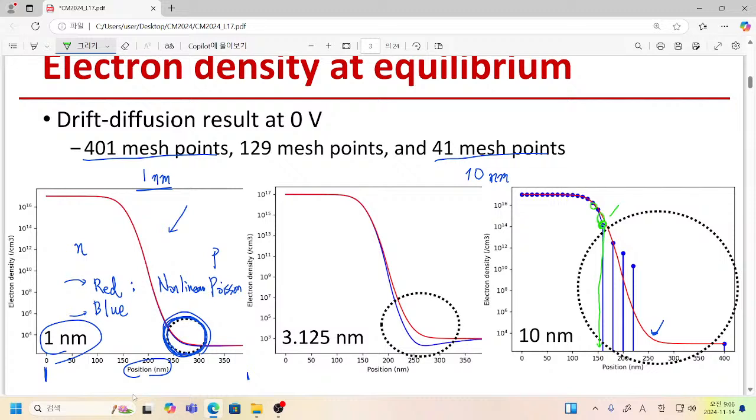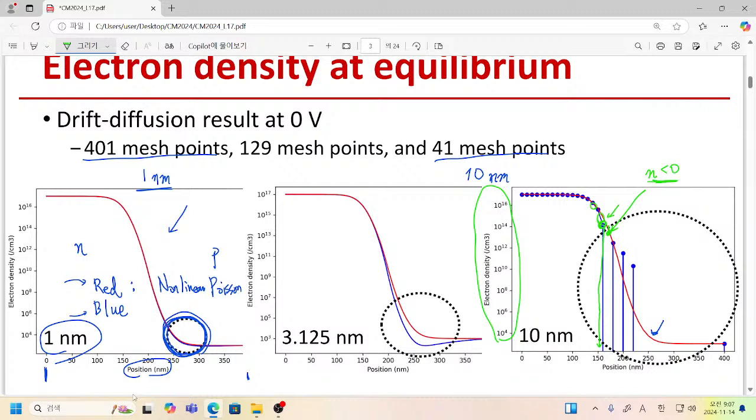Actually, this one shows a regular value, and in between these 2 points we have another point, and at this point our electron density actually shows a negative value. When we try to visualize it, we must take a logarithmic scale for this semi-log graph.